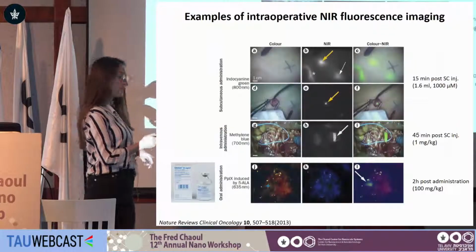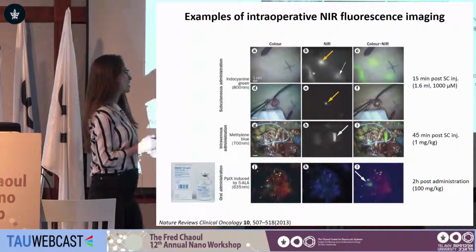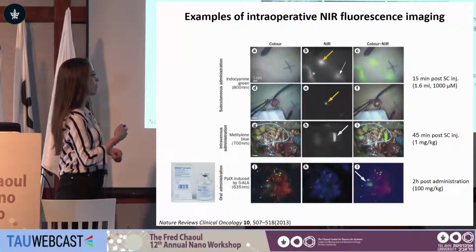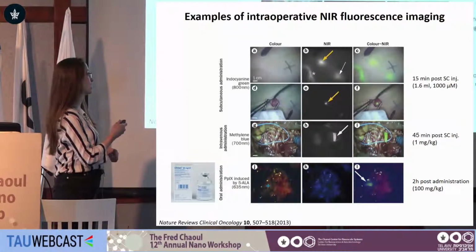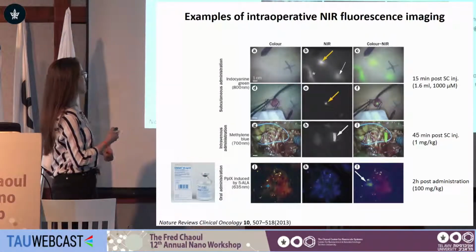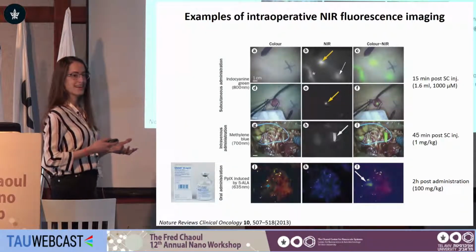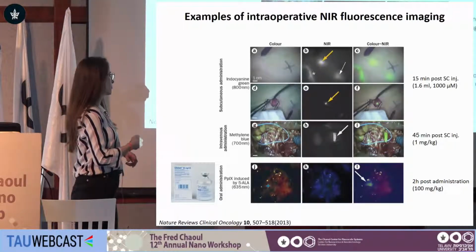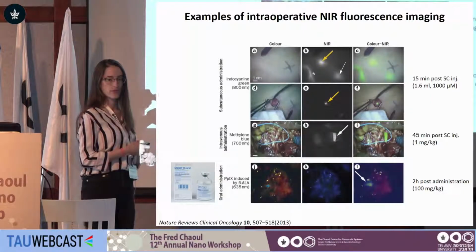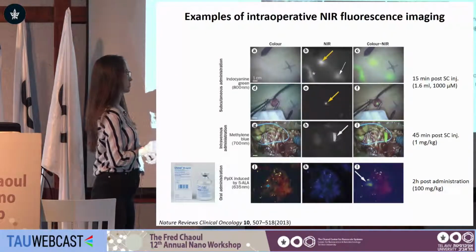So in order to guide the surgeon in real time inside the operating room during the surgery, the image-guided surgery field recently emerged, and several examples are given by the clinically available agents that are non-targeted, like indocyanine green and methylene blue, which are used for certain surgical procedures, and by 5-aminolevulinic acid, which is FDA approved for the resection of glioma brain tumors.